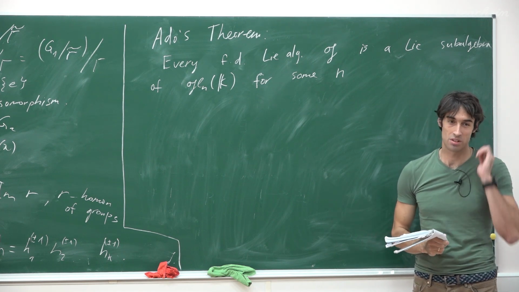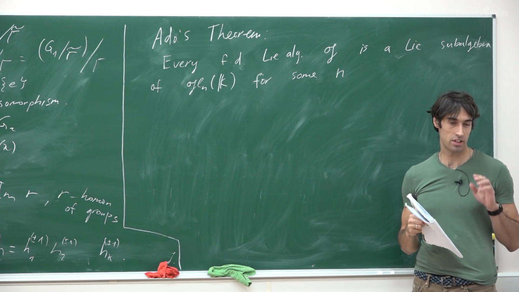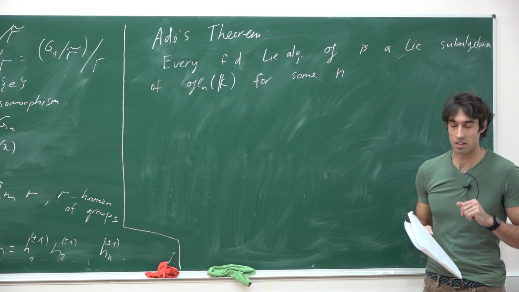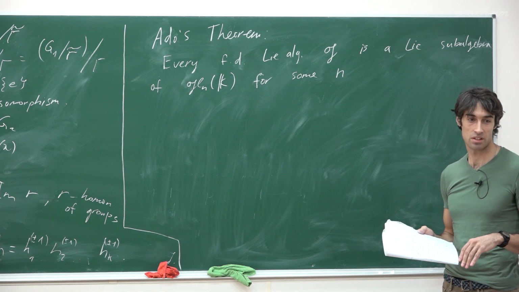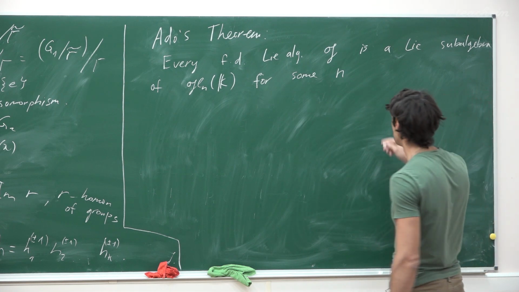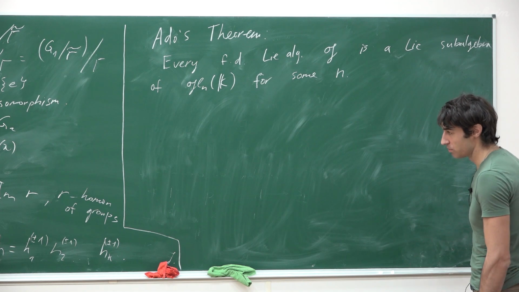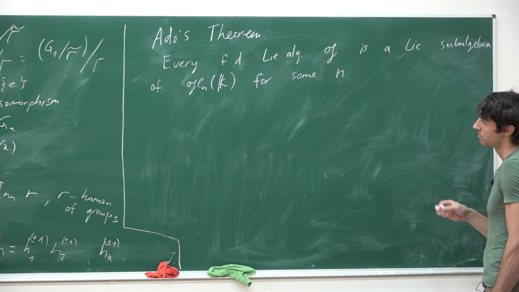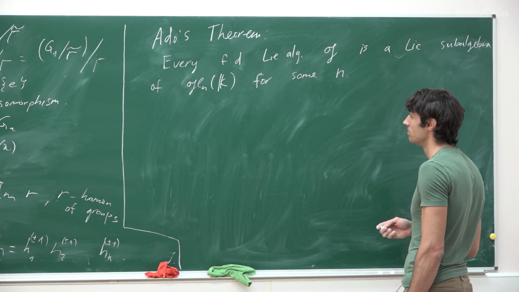This is a very strong theorem. It says that every finite dimensional Lie algebra is a matrix Lie algebra. This is not true for Lie groups, I should mention right away. There are Lie groups which are not subgroups of GL_n. Maybe we'll see some examples, but for Lie algebras it's true.